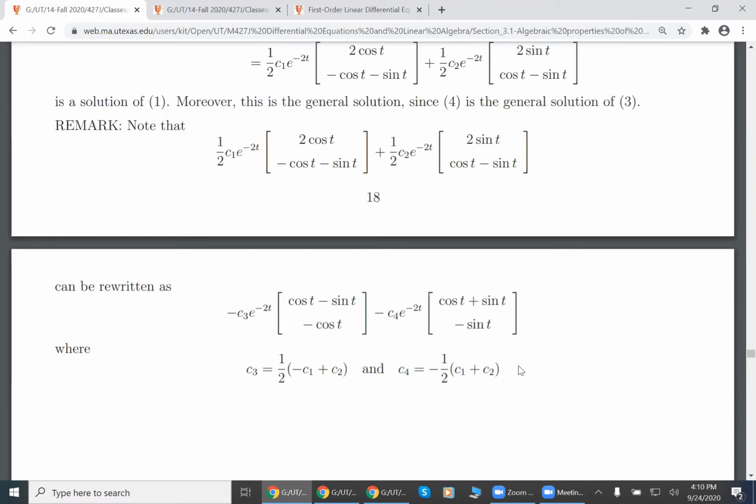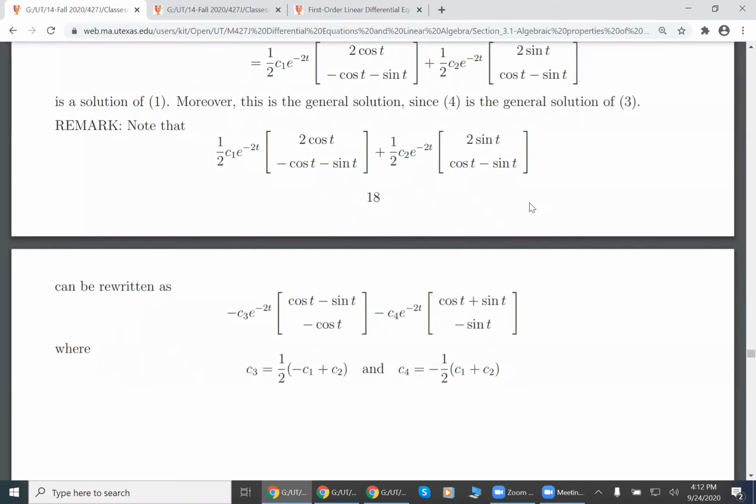Well, let me give you a shortcut. If on the bottom you have the sum or the difference of sine and cosine, this means that we came up with this answer using method number 1. If we have the difference or the sum of sine and cosine on the top, this means that we came up with this answer using method number 2.